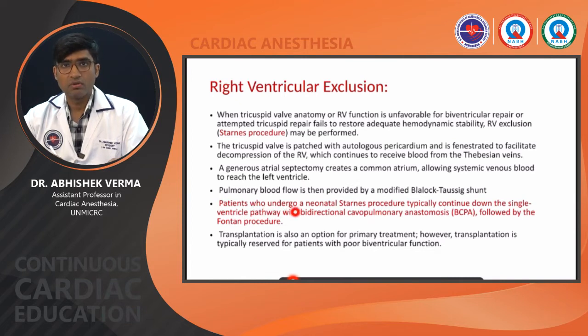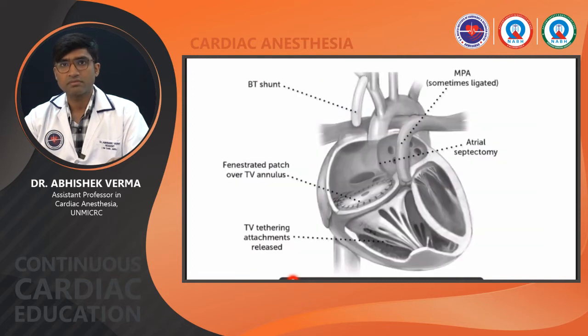A patient who undergoes a neonatal Starnes procedure typically continues down the single ventricle pathway with a bidirectional cavopulmonary anastomosis, you can say BDG, followed by the Fontan procedure. Transplant is also an option. Here is a diagram showing the Starnes procedure.